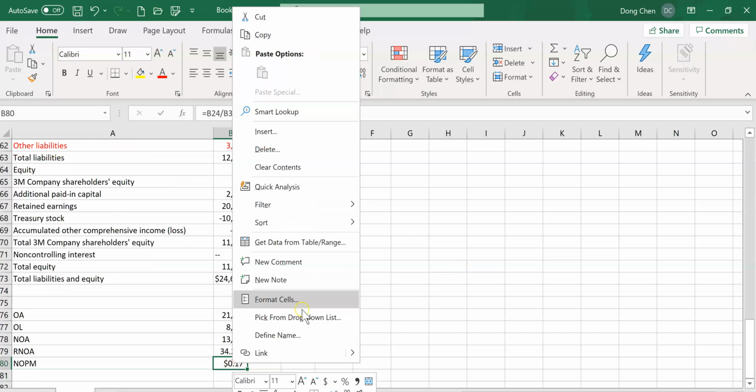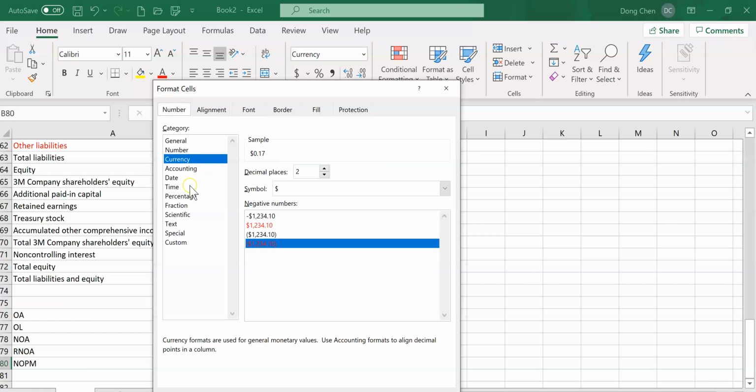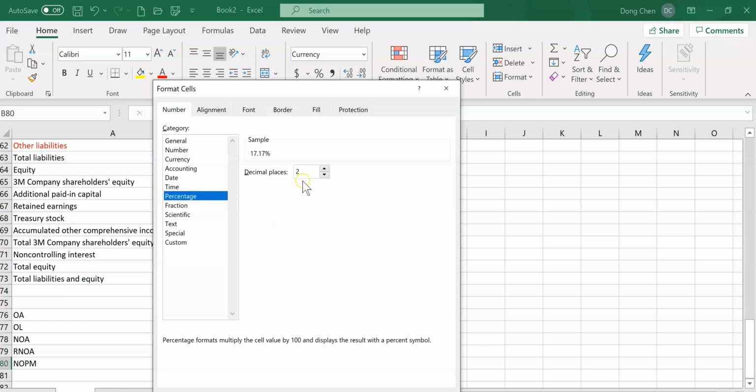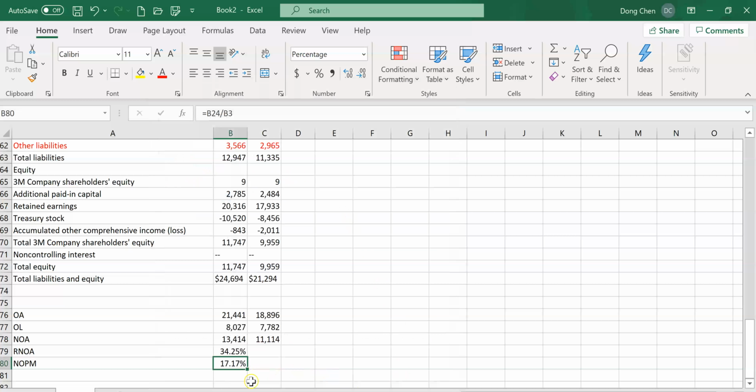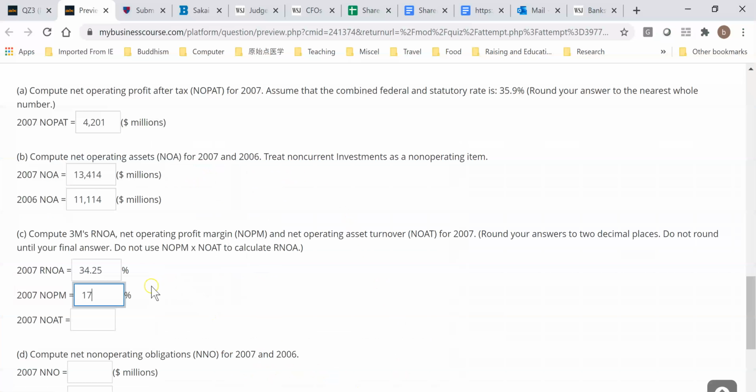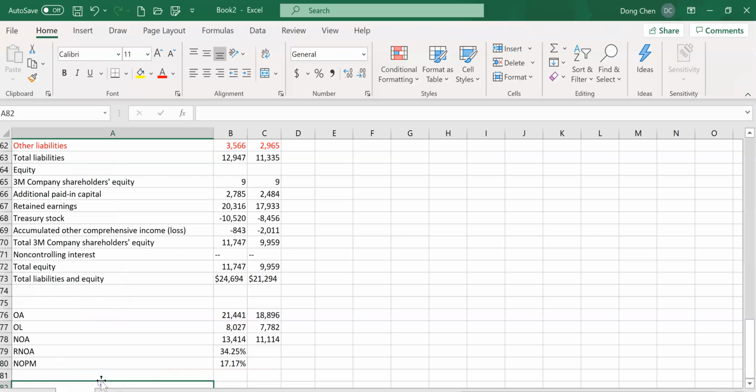So for this one, we also need to put this in percentage term and keep 2 decimal places. So this gives us 17.17%. And NOAT, so this is the net operating asset turnover.